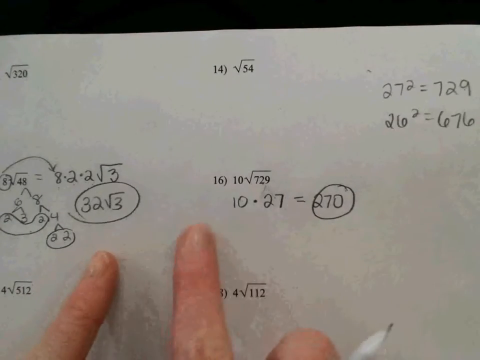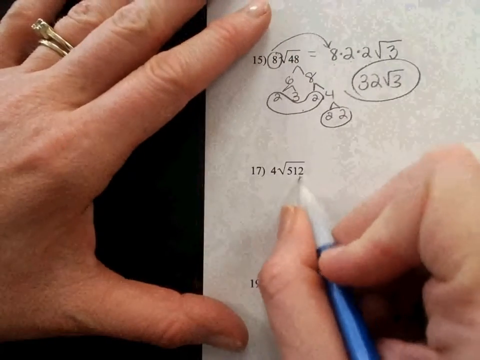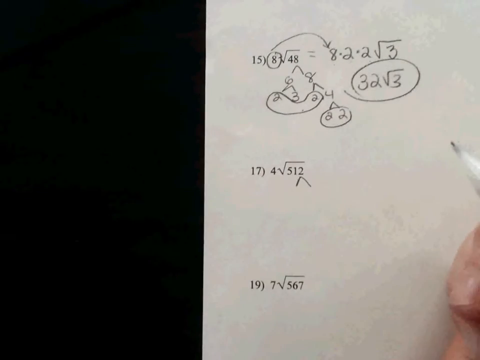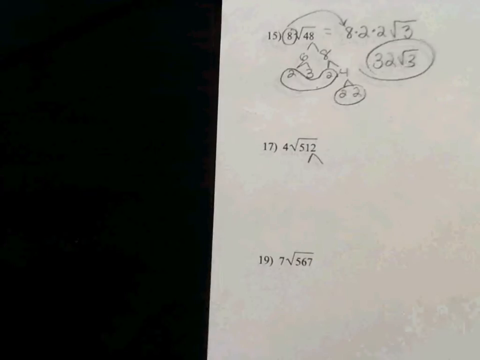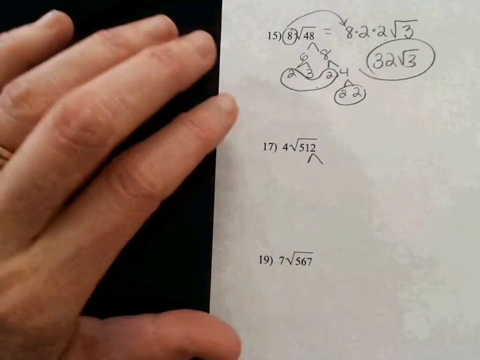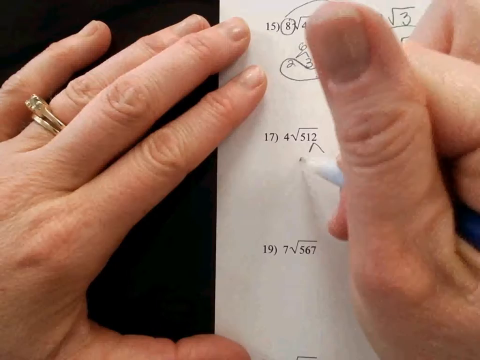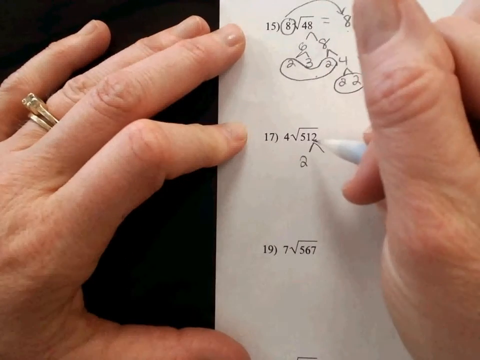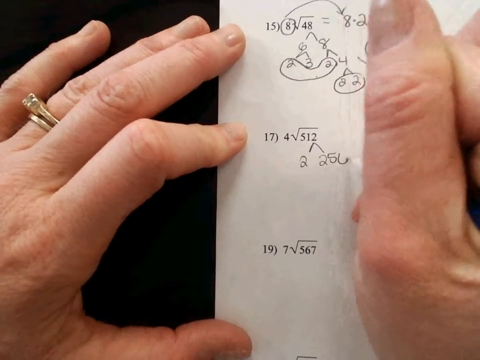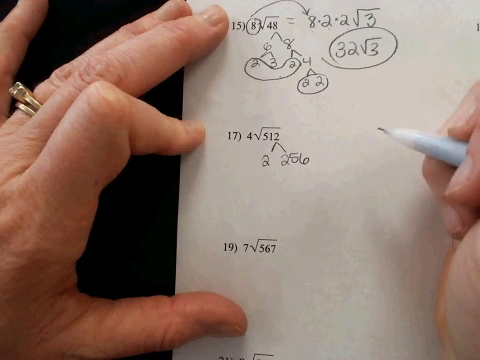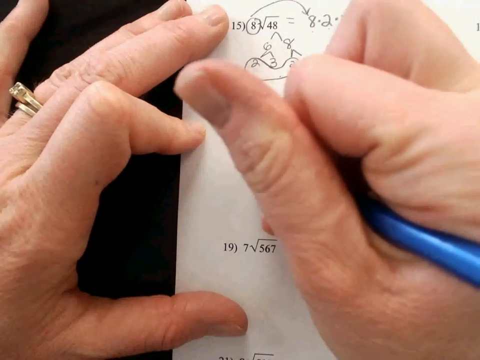All right. You guys good on the multiplying thing? Want me to do one more? Maybe one more. So let's do 512. Is 512 a perfect square? No. Anybody find a perfect square factor of 512? So what's 512 divided by 2 then? 256. Is 256 a perfect square? Yes.